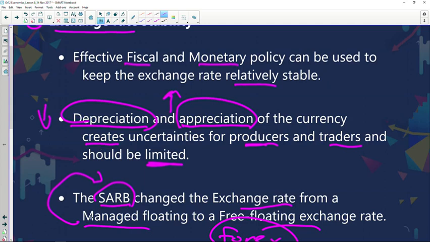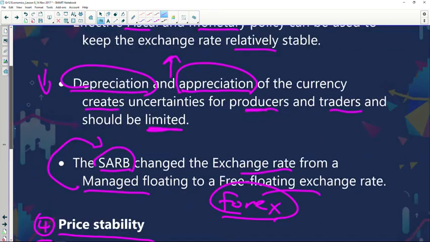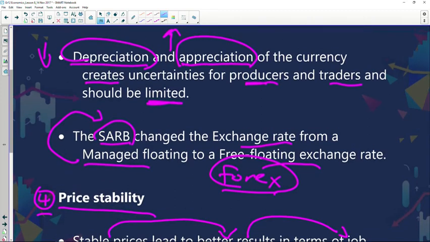So when it was managed, the central bank did try to influence the exchange rate by buying and selling currencies. And now that we are using the free floating approach, it means that it is all determined by the forex markets based on supply and demand.